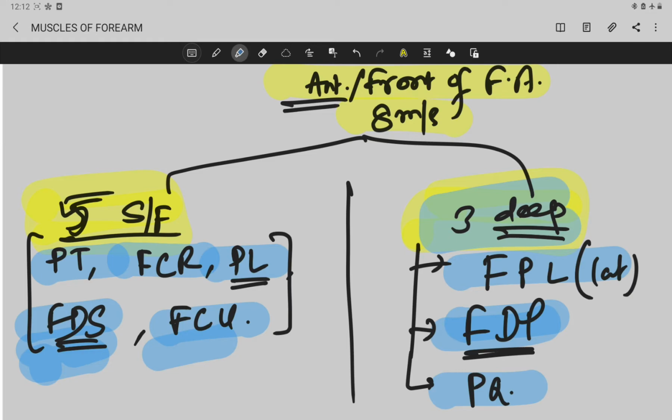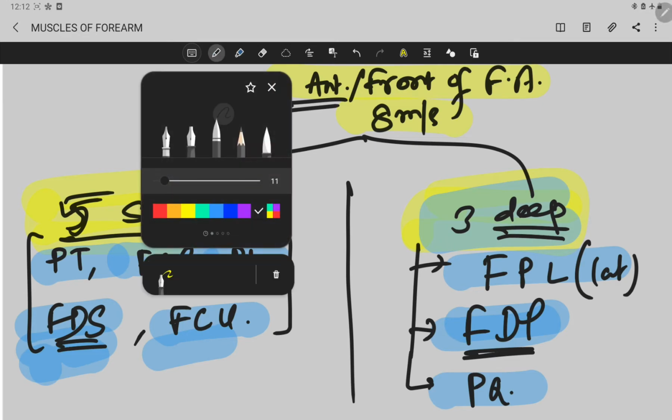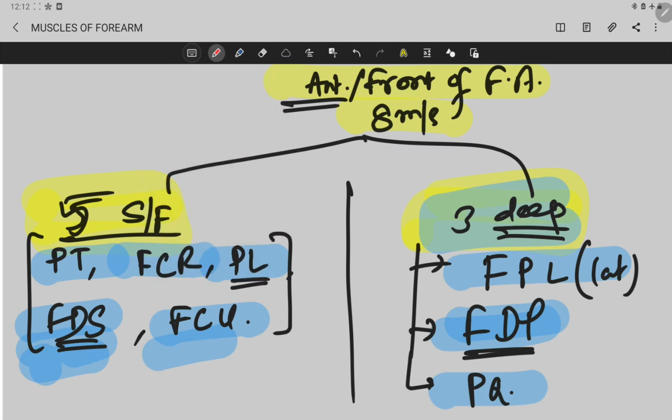Before discussing their detail, I am adding one detail here: the nerve supply.